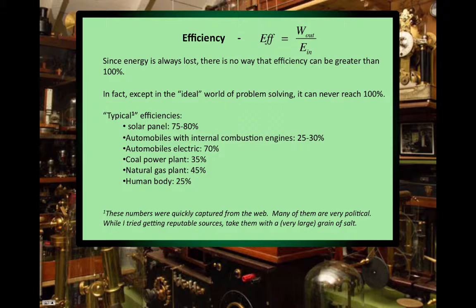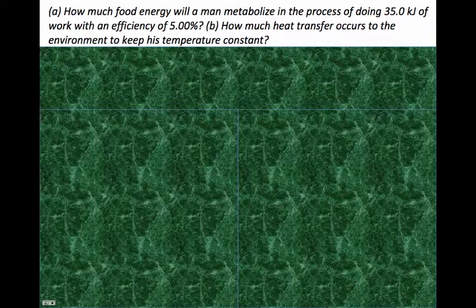I tried going to reputable sources, but again, take these numbers with a very large grain of salt. For example, an electric automobile looks wonderful, but it does not take into account the efficiency of converting some fossil fuel, or some fuel, whatever it may be, into electricity first. So these numbers are just some ideas for you to go and take a look at.